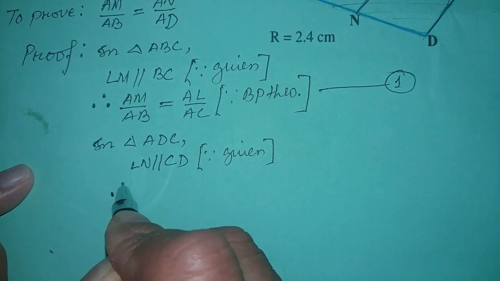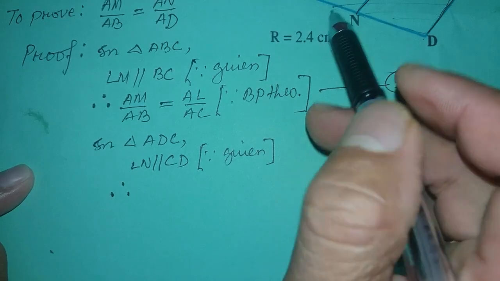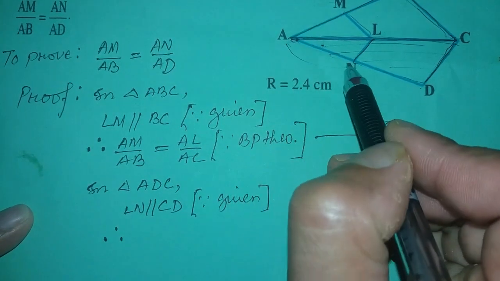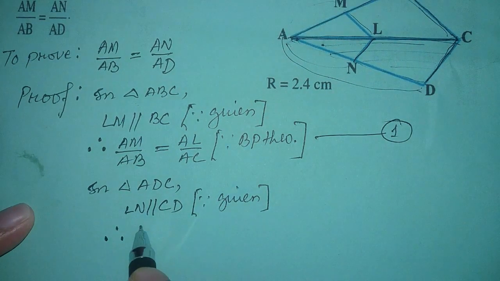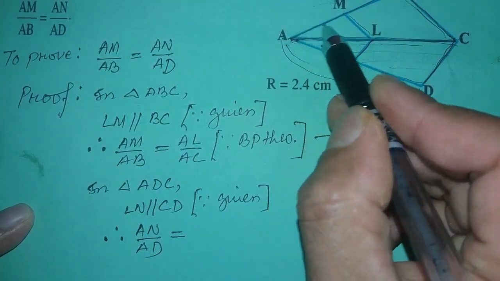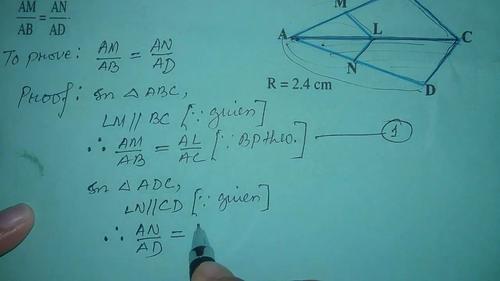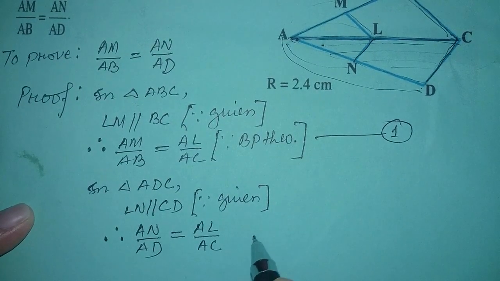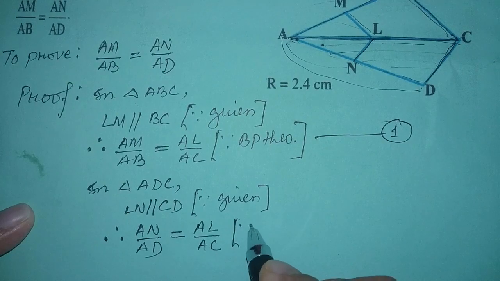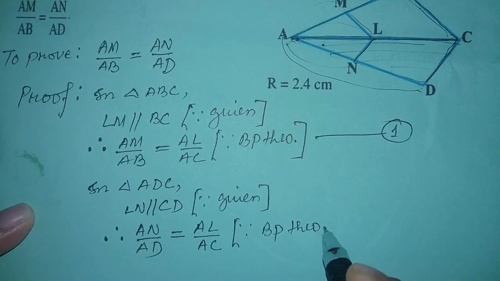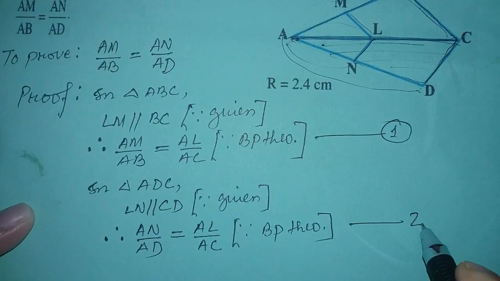Therefore here also we are going to take AN by AD equal to AL by AC. Now this is given by basic proportionality theorem. Let's call this 2.